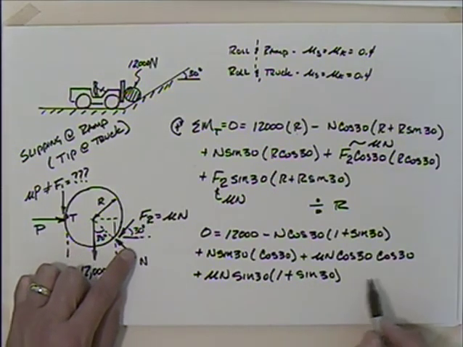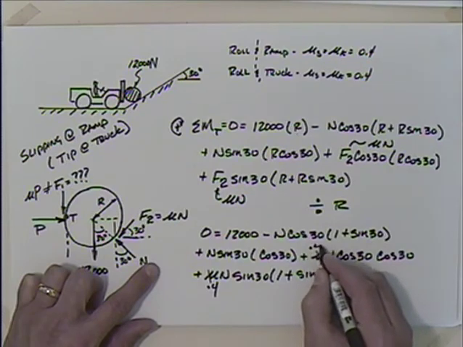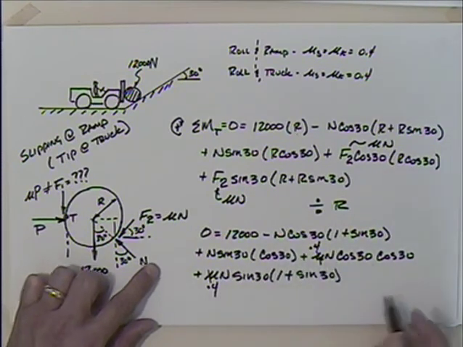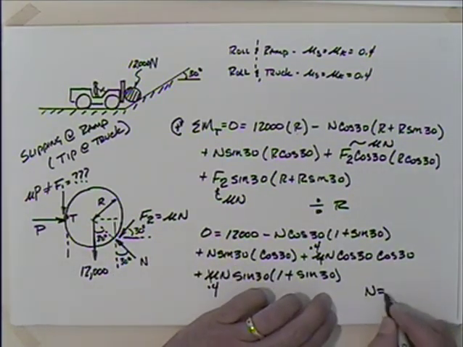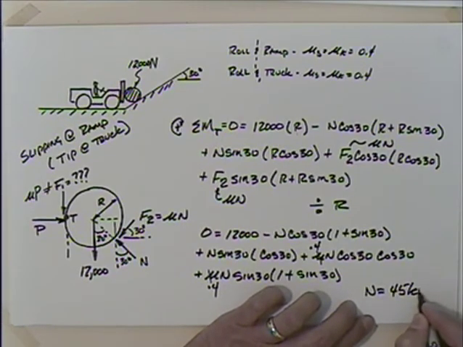So what are we left with? We've got mu as 0.4. Then we're left with just N, aren't we? So we could solve for N in this case. N, and the smoke clears on that, is about 45 kilonewtons.